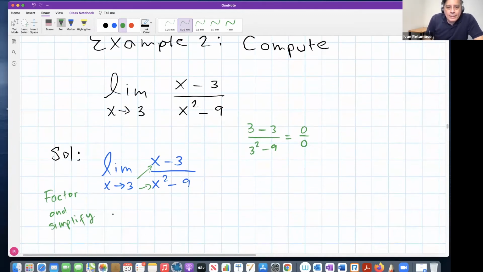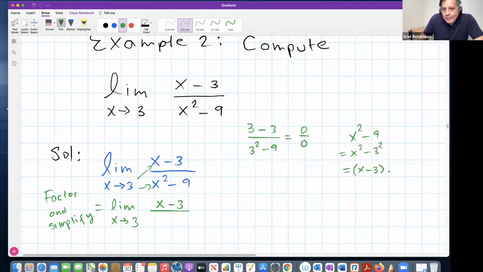If you do that, this becomes the limit as x approaches 3 of x minus 3 on the numerator. On the denominator, since 9 is equal to 3 squared, we use the so-called difference of squares method to factor this, and end up with x minus 3 times x plus 3.